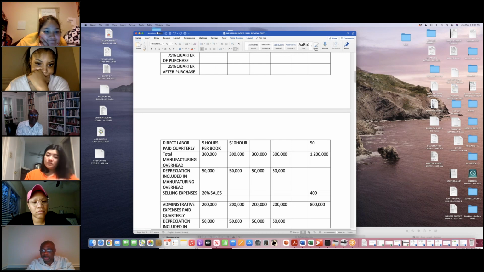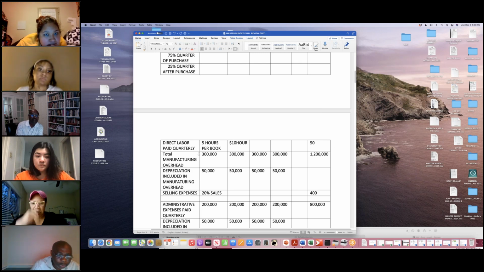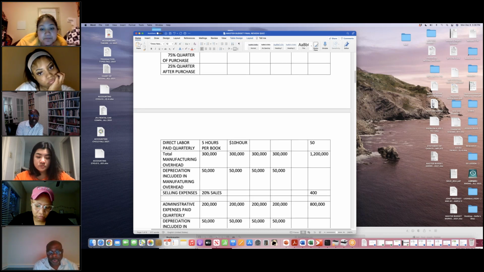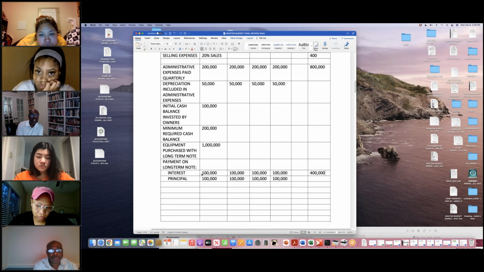Direct labor, 5 hours per book at $10 an hour, $50. The manufacturing overhead for the year is $1.2 million. Selling expenses are 20% of sales, so that's 400. Administrative expense for the year is 800,000. And the interest for the year is 400,000.